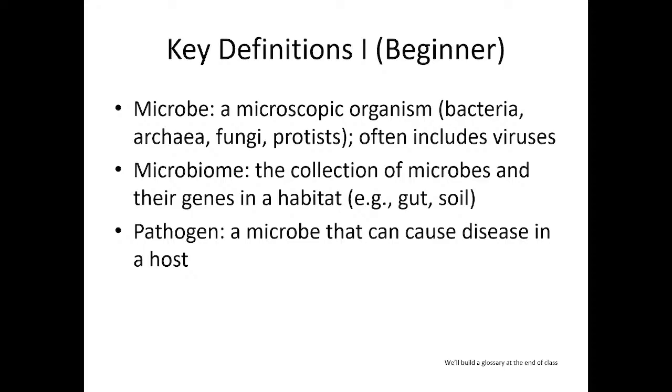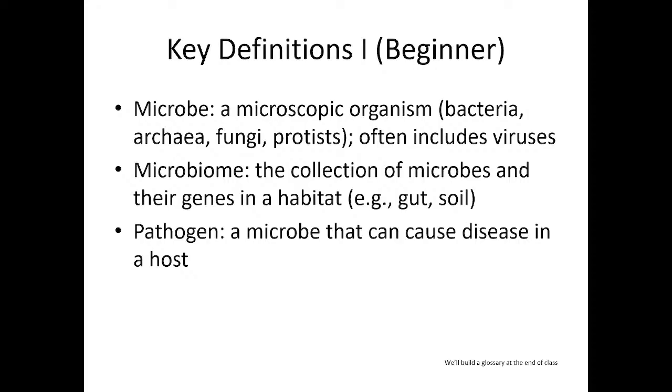Then you also come across the microbiome. You should master the way I am pronouncing them. Microbiome is a collection of microorganisms, a collection of microbes and their genes in a certain habitat.